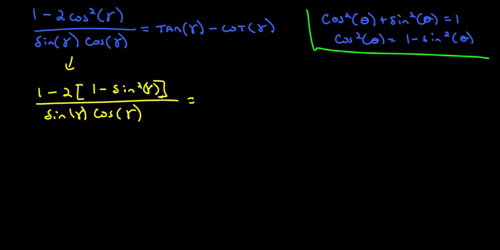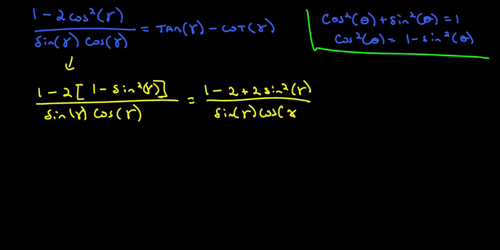Now I'm going to distribute my 2 in. So that's going to be 1 minus 2 plus 2 sine squared gamma over sine gamma times cosine gamma.